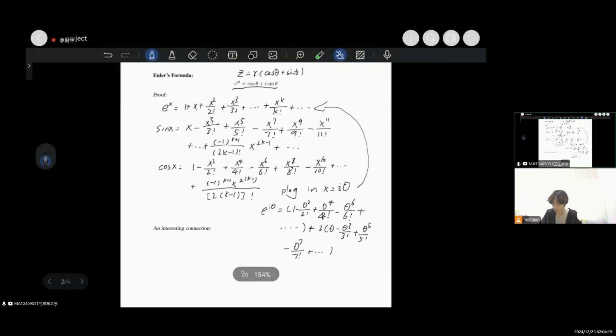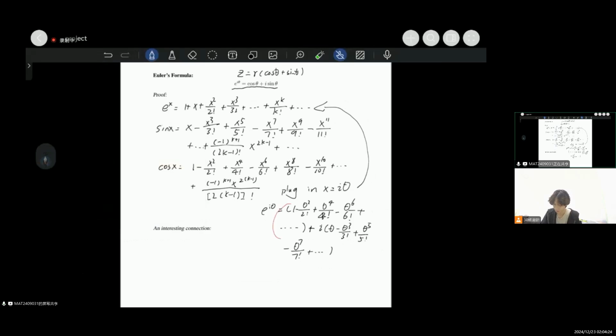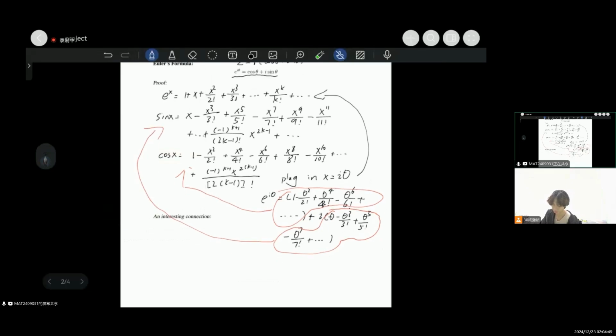And if you compare this part and this part, you will find this part is very similar to this. Actually, it's the same. This part is the same as sine x, so we'll find the formula.